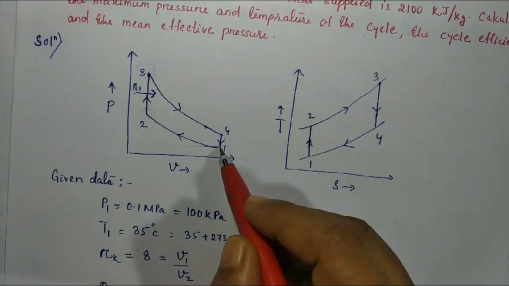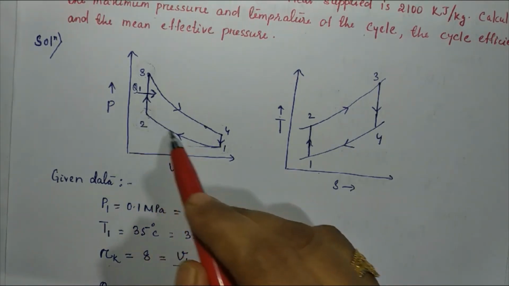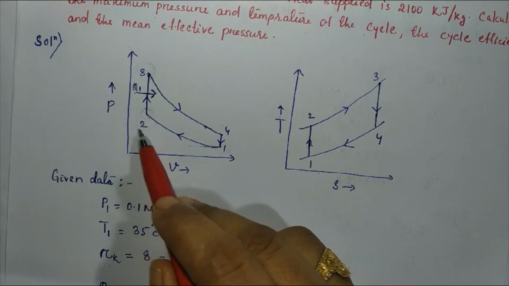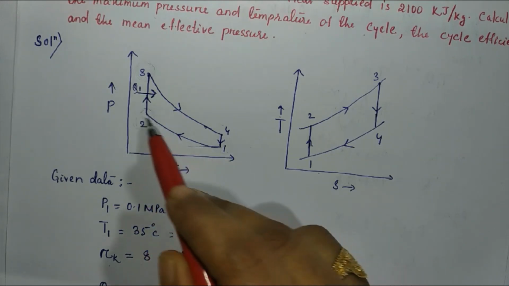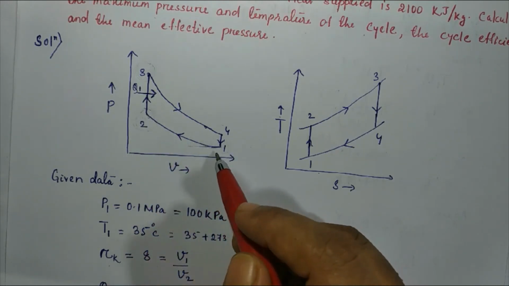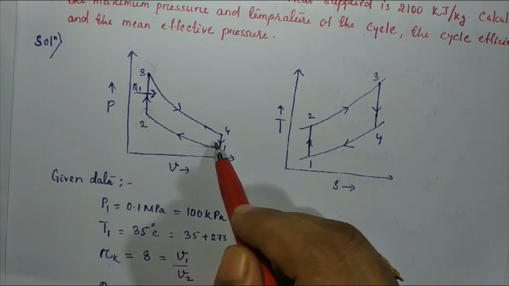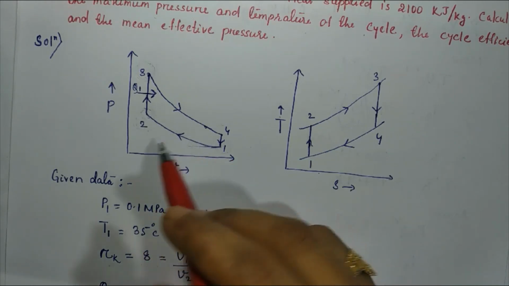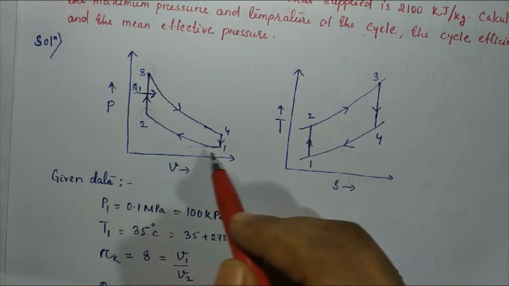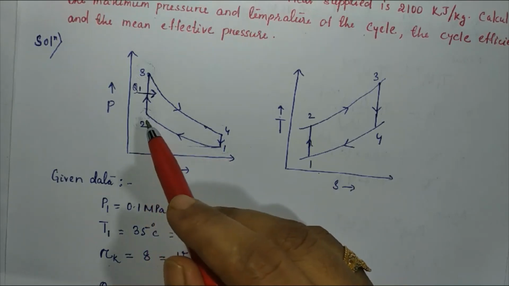So state 1 is in process 1 to 2 and state 2 is also in process 1 to 2. So here we consider the process 1 to 2 to get the properties of state 2, right?